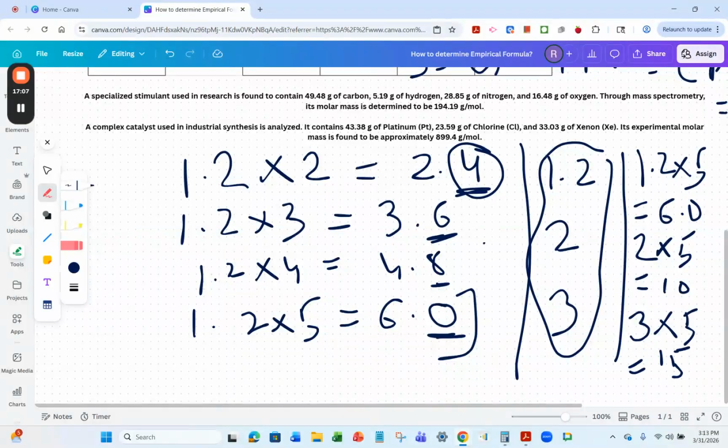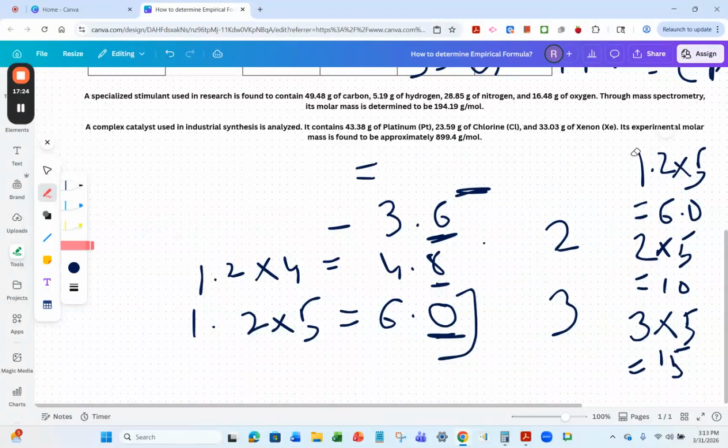This is very important because sometimes kids focus only on the fractional numbers and forget to multiply their neighbor numbers with the same number. Otherwise it will be a mistake, and they will not get the correct empirical and molecular formula.